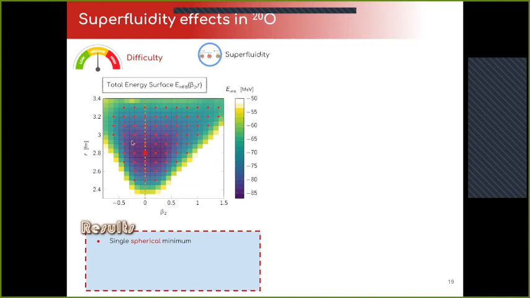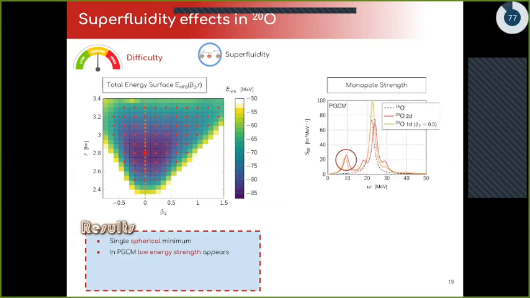So we have a single spherical minimum, as it was already the case for oxygen-16, because being a singly magic nucleus, the sphericity condition is still preserved in some sense. But superfluidity effects may play a major role.